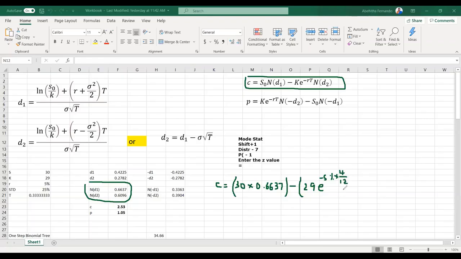And multiplied by the probability of D2. Multiply this by 0.6096. So how much would you get?